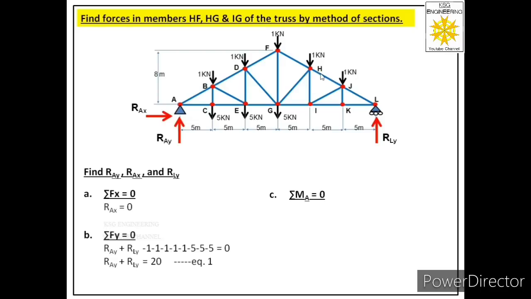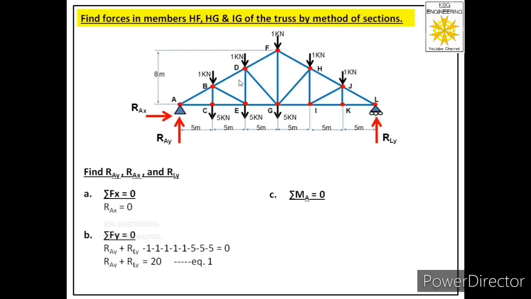The next force acting at joint H, which is of 1 kilonewton again, will generate clockwise moment, so that will also be negative, and its magnitude will be 1 into 20. The next force is of 1 kilonewton again acting at joint F. It will also generate clockwise moment, so we have to consider this as negative, and its magnitude will be 1 into 15.